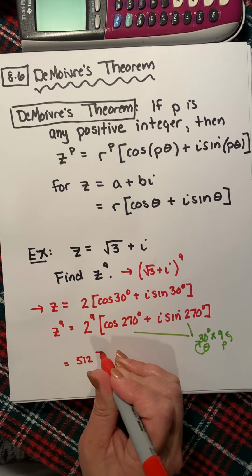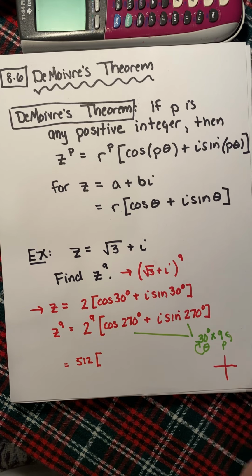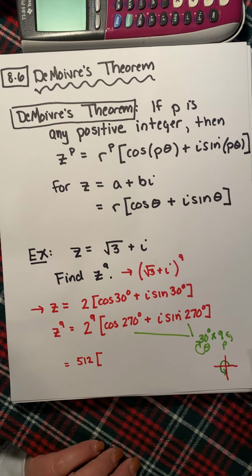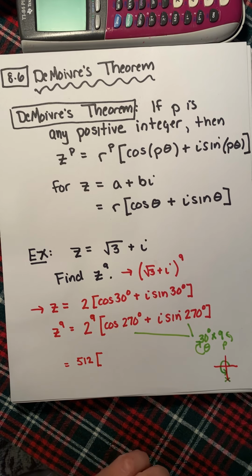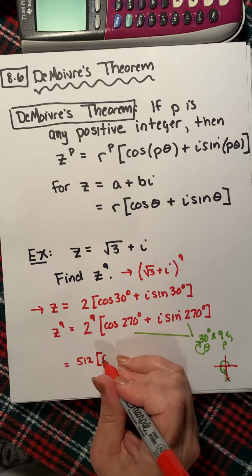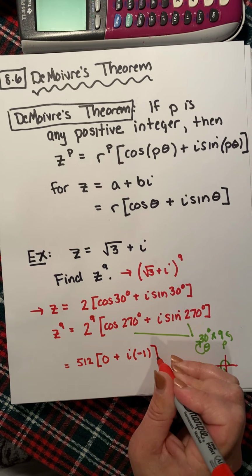All right, well, 270 degrees is an angle that lands on the negative y-axis, and for any angle whose terminal side is on the negative y-axis, the cosine is 0, and the sine would be -1.